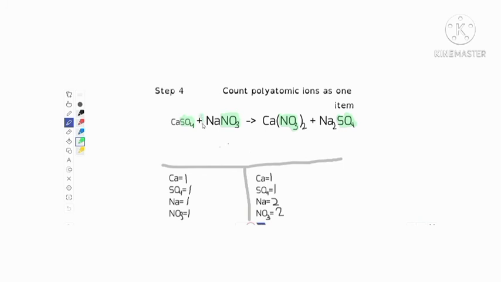So we can put a 2 here. By putting 2, the Na will get multiplied by 2 and we will get 2, and it will also multiply the NO3, so we will get 2. Now everything is balanced. So by considering polyatomic ions as one single item, we can balance chemical equations.